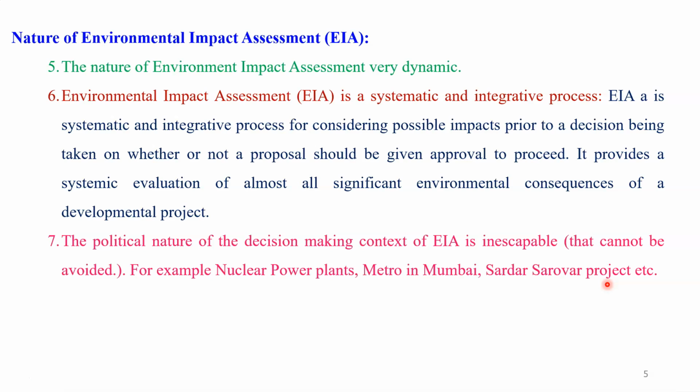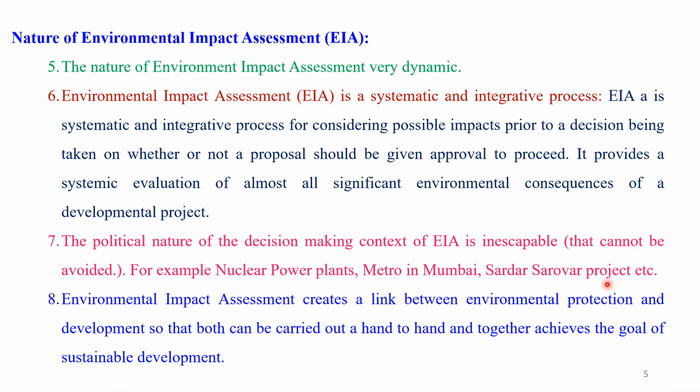Therefore, this is also a very important point regarding the nature of environmental impact assessment, that there is always interference of political leaders or political parties involved in the decision making process.